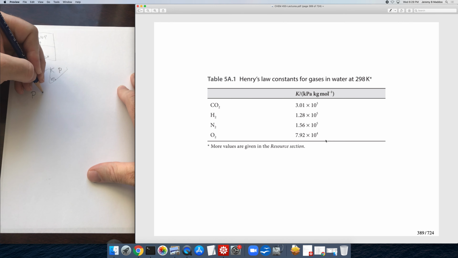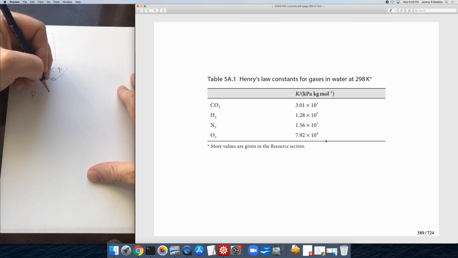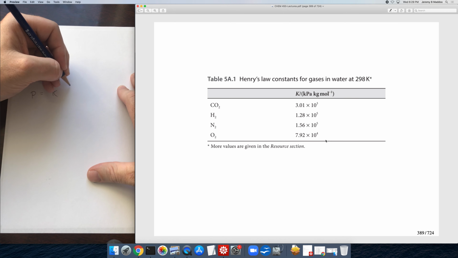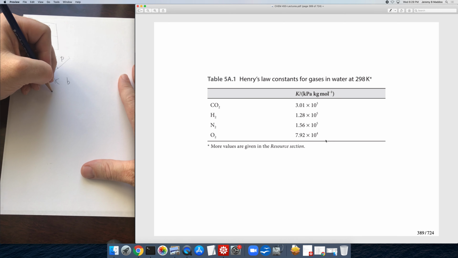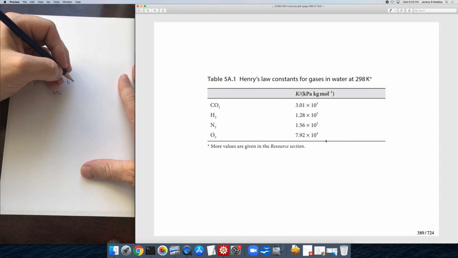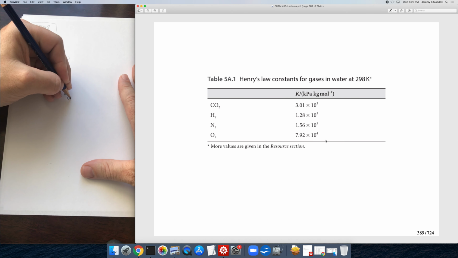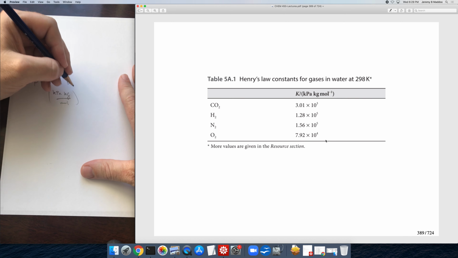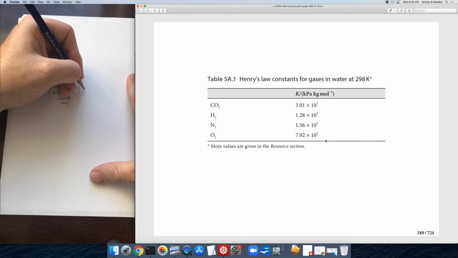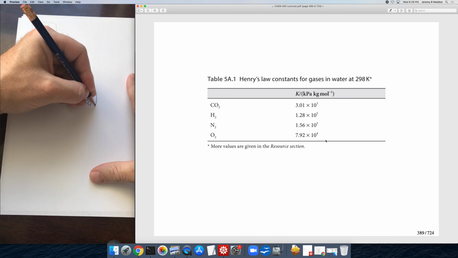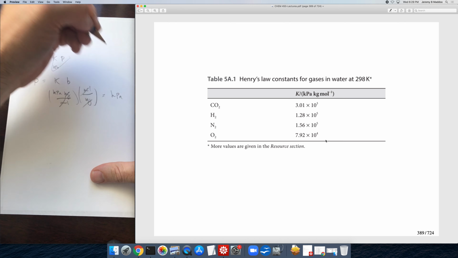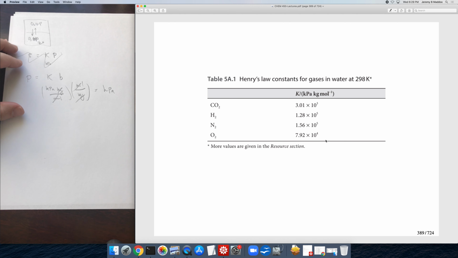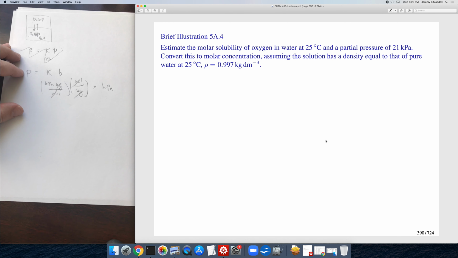The partial pressure is the Henry's law constant times the molality. In this case, I'm going to use the symbol B for that. Check out the units. K is in kilopascals kilograms per mole, and B will be moles per kilogram. Those cancel out, and you get the pressure in kilopascals. So that's how we're using Henry's law in this problem.